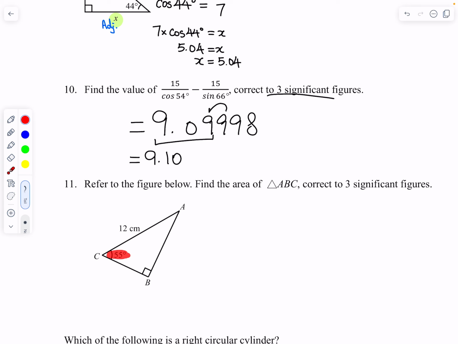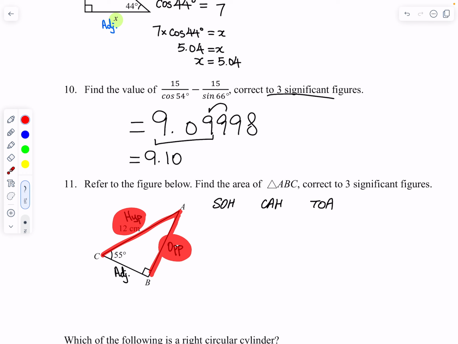So again, you have the angle, the opposite line, hypotenuse, adjacent. First we need to find the opposite, and the hypotenuse is given. So we need to find the opposite line, and we already have the hypotenuse line.